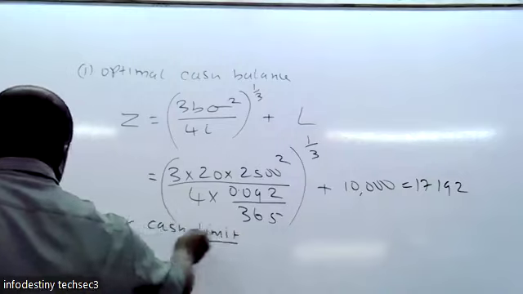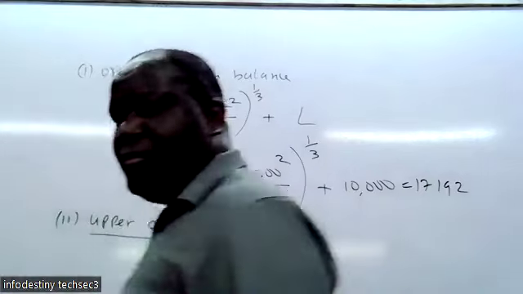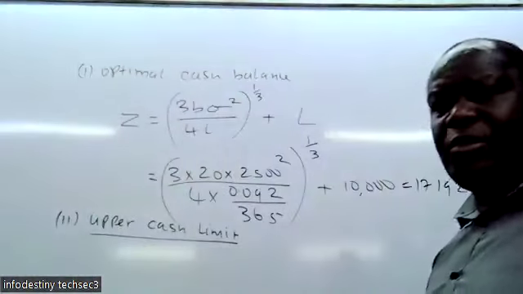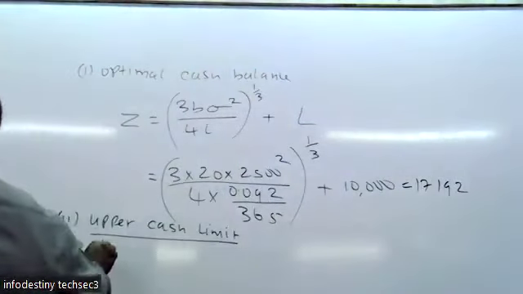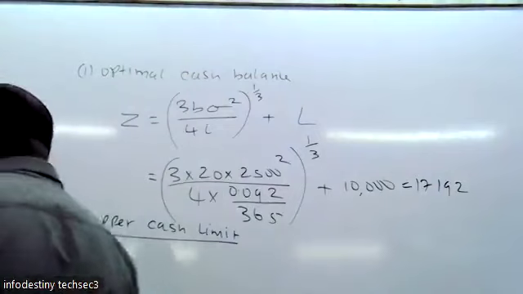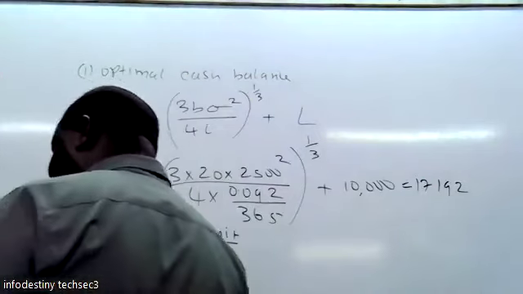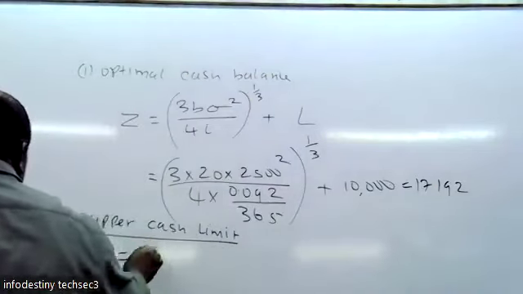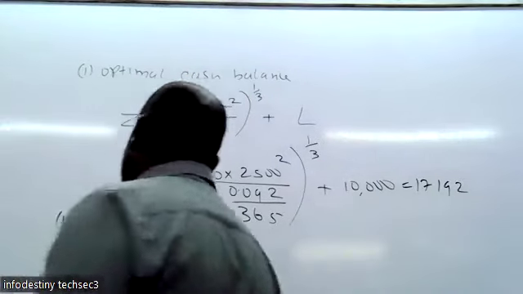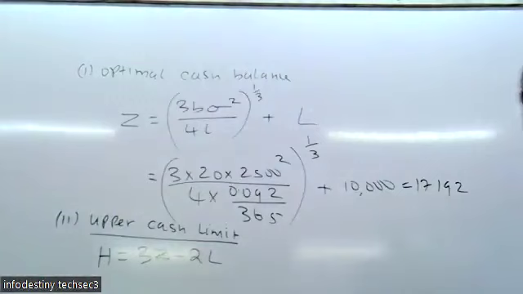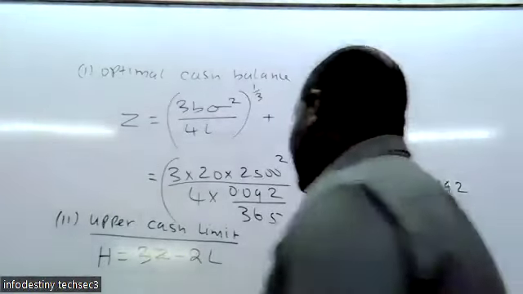From the formula I gave you, H represents the upper cash limit. So H will be 3Z minus 2L.